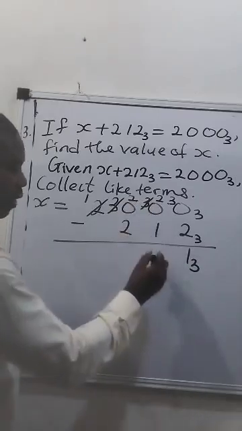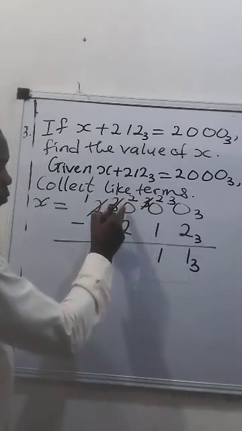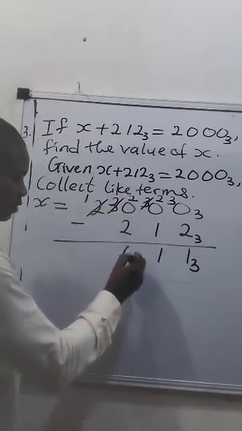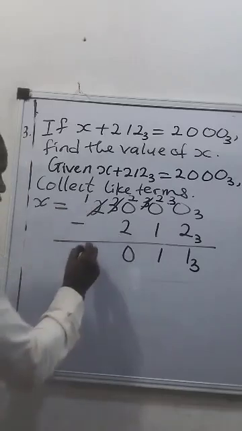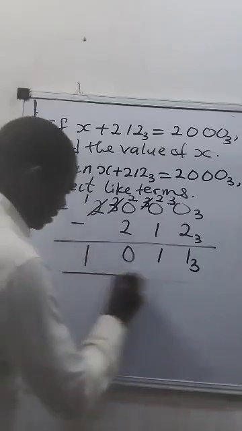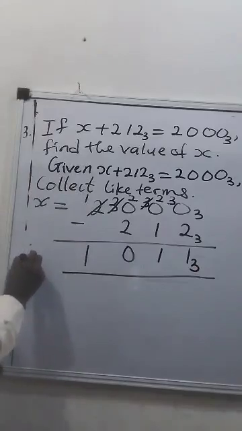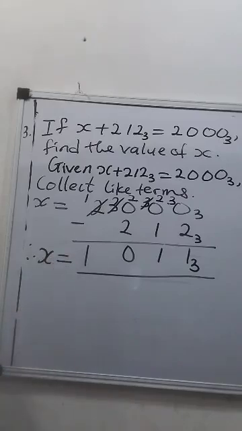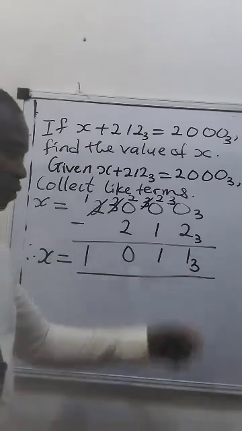So 2 minus 1 will give us 1. 2 plus 0 is 2. So 2 minus 2 will give us 0. So it's remaining 1 here. So we have 1. So this is the answer. We now see therefore x is equal to 1011 base 3. X is equal to 1011 base 3.